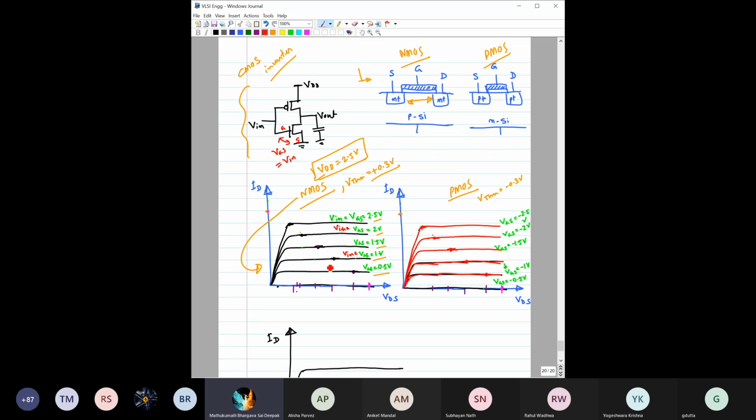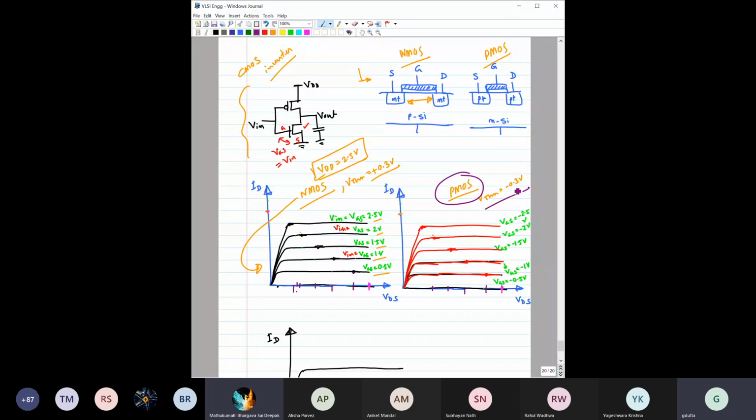Now let us shift our focus from NMOS to this PMOS. What is happening in PMOS? Something interesting is happening. For PMOS, the threshold voltage is minus 0.3.